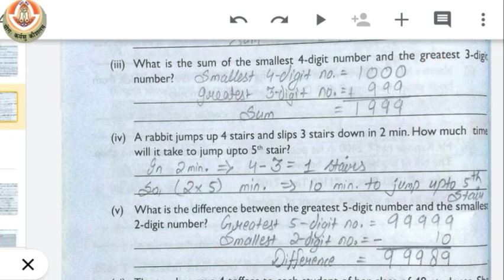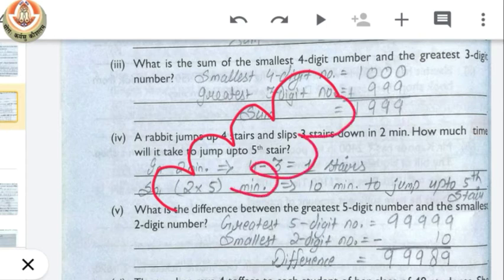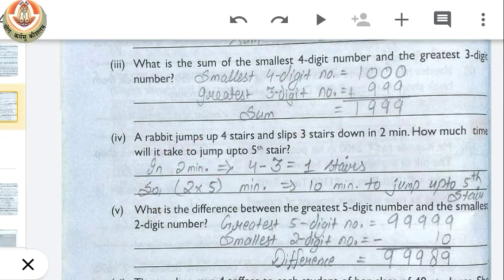Now the next question is, a rabbit jumps 4 stairs, 1, 2, 3, 4, and slips 3 stairs down, 1, 2, 3, in 2 minutes. That means in 2 minutes it just reaches 1 step. We have to answer how much time it will take to jump up to the 5th stair.